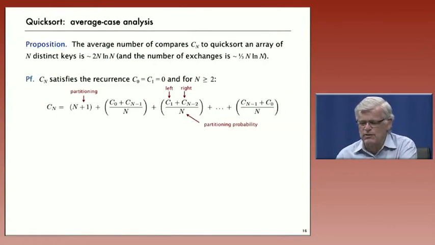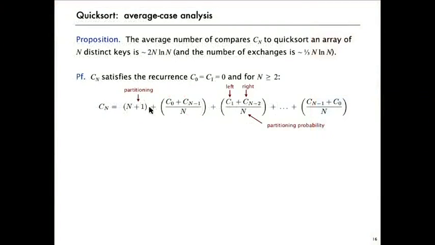In the case of Quicksort, the number of comparisons taken to sort n items is n plus 1 for the partitioning, plus what happens next depends on what the partitioning element was. If the partitioning element is k, any particular value happens with probability 1 over n.